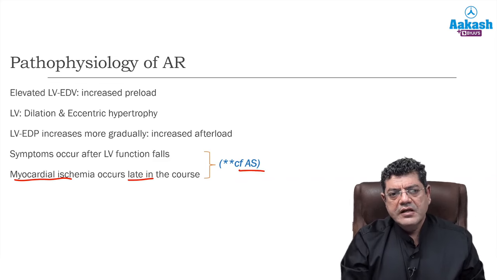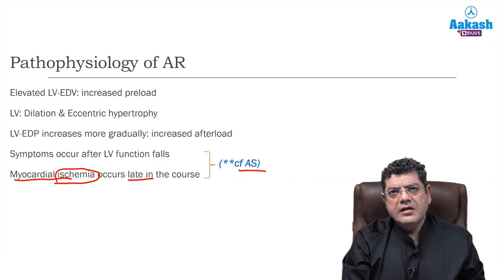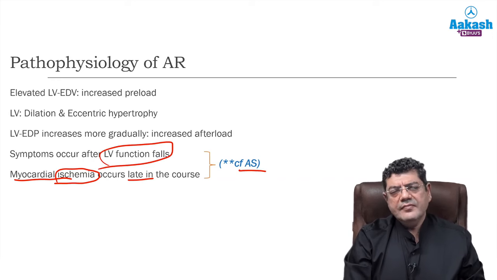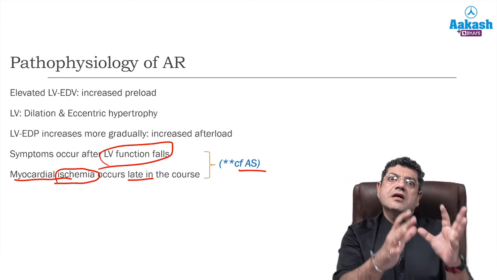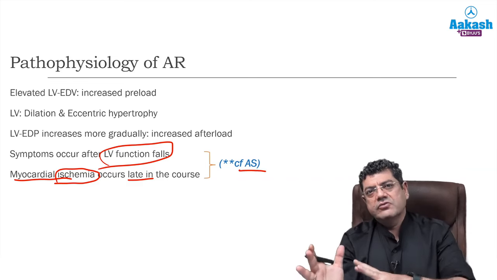And I just told you that in aortic stenosis, ischemia is the first manifestation to occur and manifests as angina, and heart failure, left ventricular failure, is the last to occur in aortic stenosis. So this is how you distinguish when there is both aortic stenosis and aortic regurgitation.